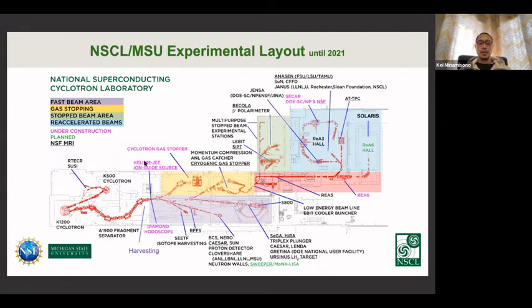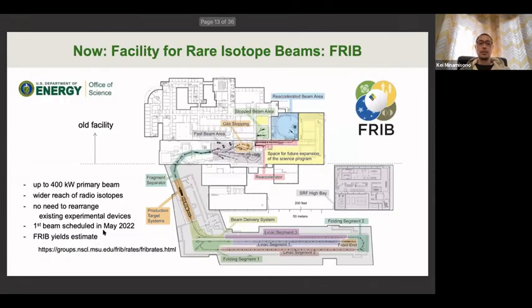And this was the layout until last year. And now we are moving towards the new facility, the Facility for Rare Isotope Beams, FRIB. So the old facility is shown in the upper part of this new figure. The old cyclotrons used to be installed around this corner here, and they were already replaced by a much larger scale linear accelerator here.